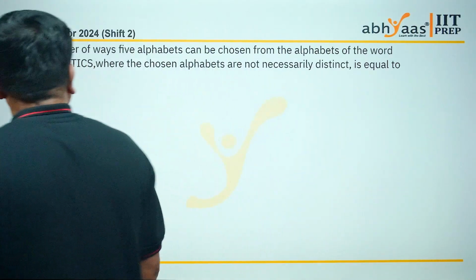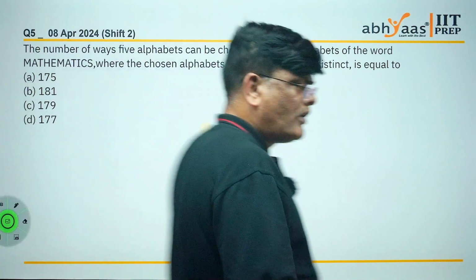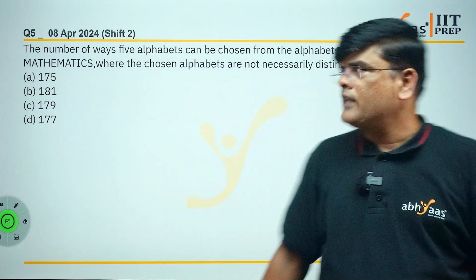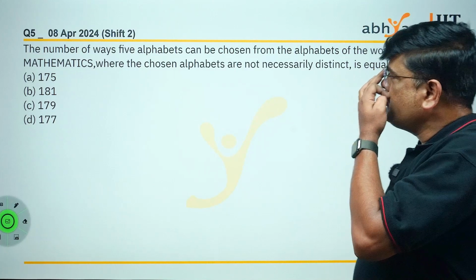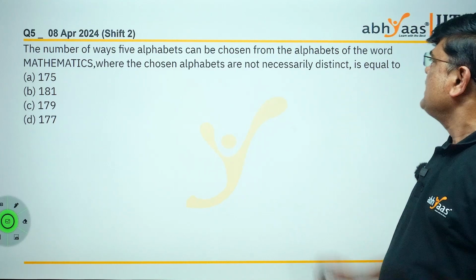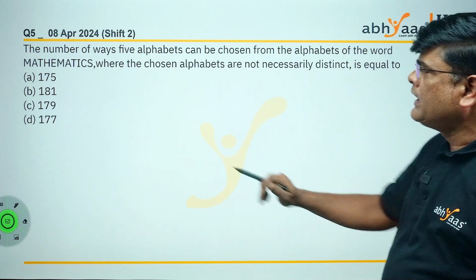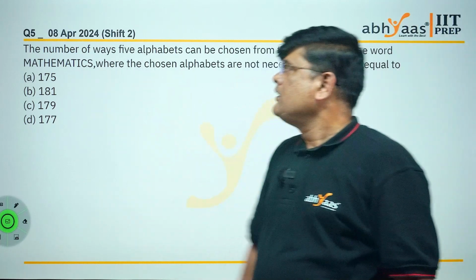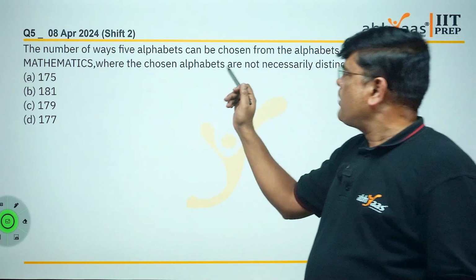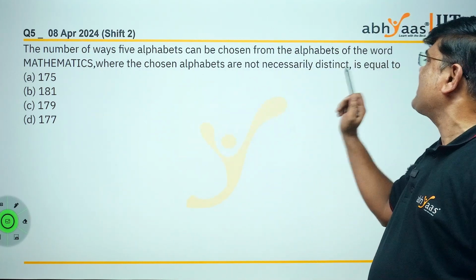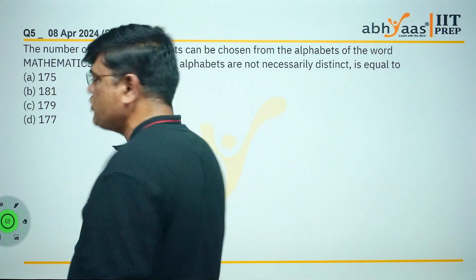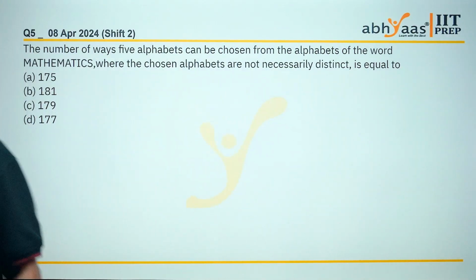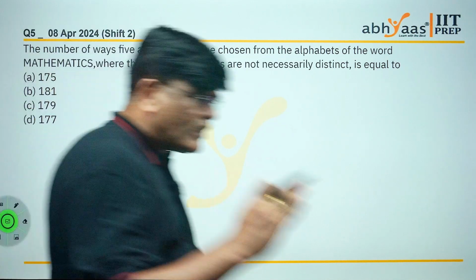Right, now all of you see the question. Here the question is: the number of ways of choosing 5 alphabets from the alphabets of the word mathematics, where the chosen alphabets are not necessarily distinct, is equal to. Okay students, after reading the question, what is understood here?